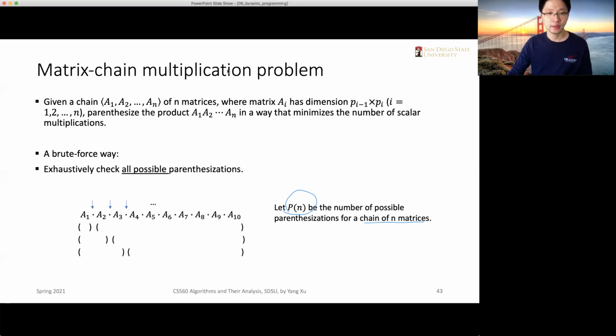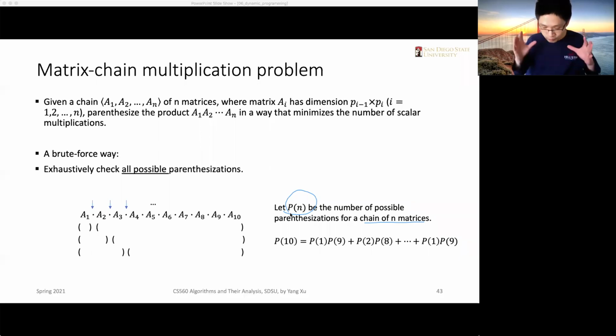matrices. Then what we can find is that this problem has optimal substructure. Another way to say that is, in order to solve the original problem, we need the optimal solutions to smaller subproblems.